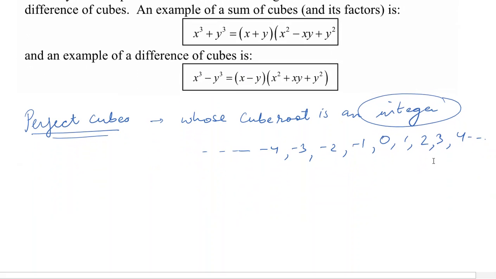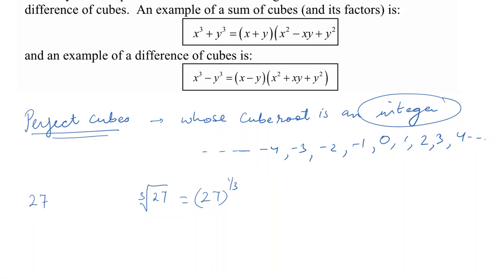For example, if you think about 27, is that a perfect cube? So what we do, we take the cube root of 27. This is also known as the third root, same thing. You can even use your calculator, or you can factorize 27, which is 3 times 3 times 3.